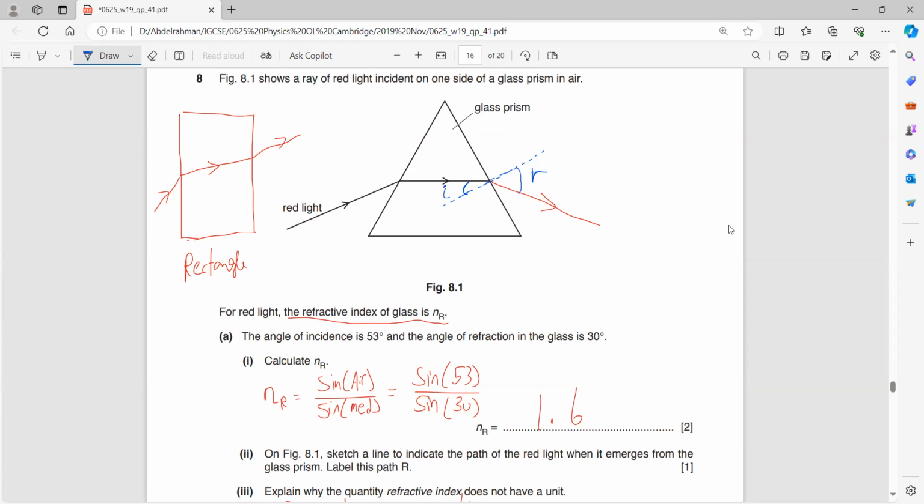It's a common mistake to draw it moving upwards, which is sadly wrong. The angle of refraction increases because we're going from glass to air.